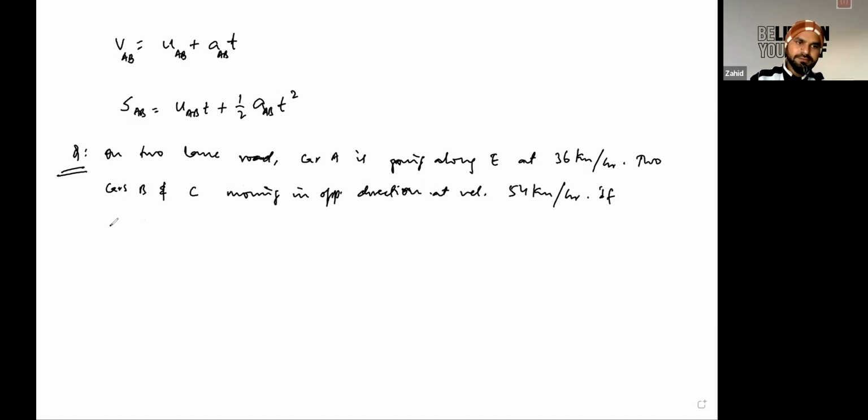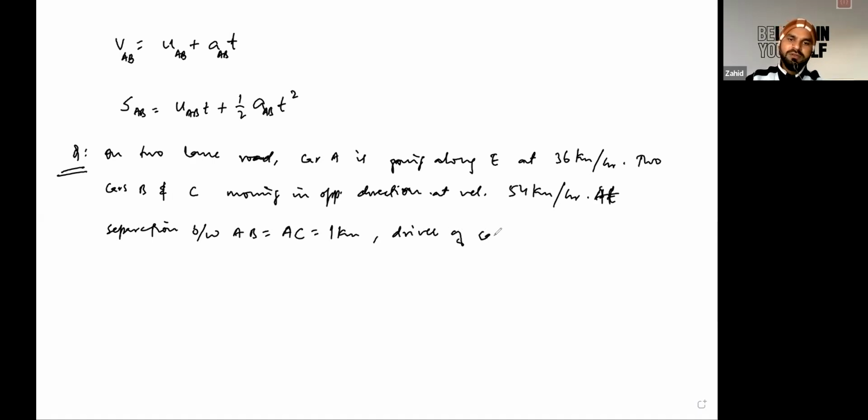If at separation between AB, AC equals 1 km, the driver of car B decided to overtake A before C crosses it.